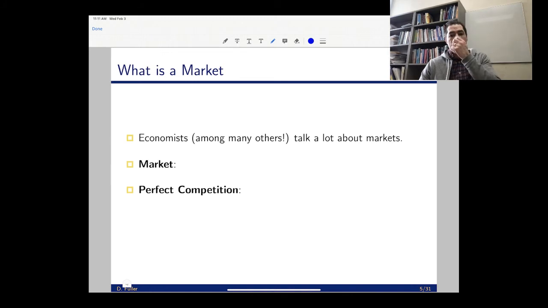Okay, now we're going to study a particular type of market, or a particular construct of markets, that's referred to as perfect competition. And so, what exactly does that mean?